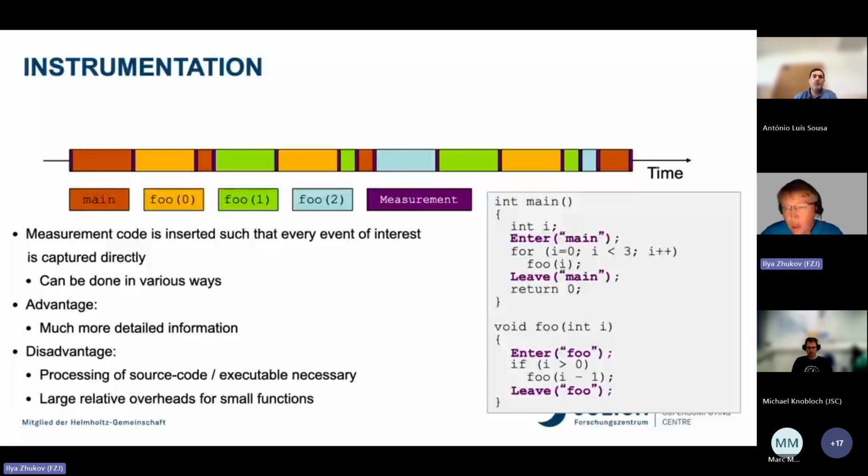You have to manually insert this enter and leave, or do it automatically. And the second, as I already mentioned, is the runtime overhead. So here's an example of how the time samples will be measured. Basically, you'll get information about each enter and leave of each function, which is much more detailed in comparison to sampling.